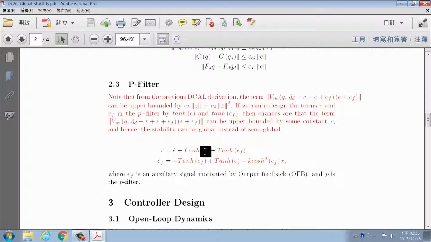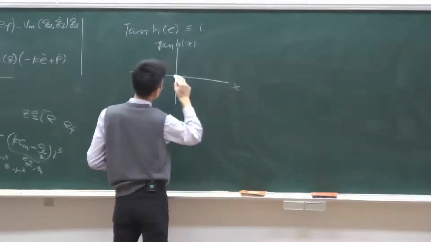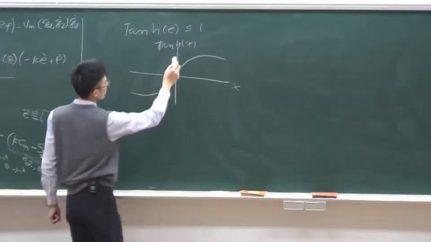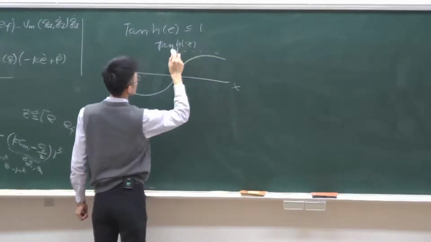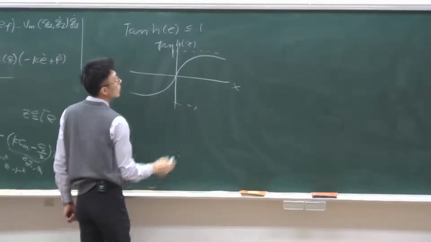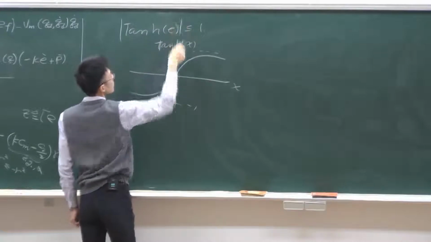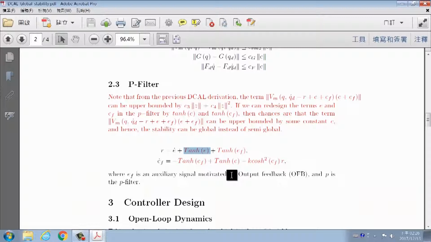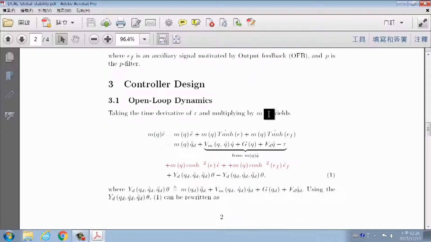The tanh function looks like this, so it's upper bounded by 1. We just replace these two, E by tanh E and the same for EF, and EF dot is changed to this. And we put that into the analysis.